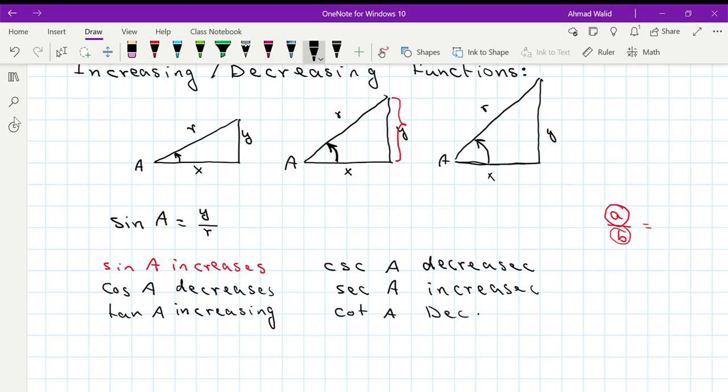Correct? This is how we talk about it here, but later on when we move to the next chapter, even in graphs, you see which one is increasing, which one is decreasing. But for the time being, this is how we explain which trig function is increasing and which one is decreasing.